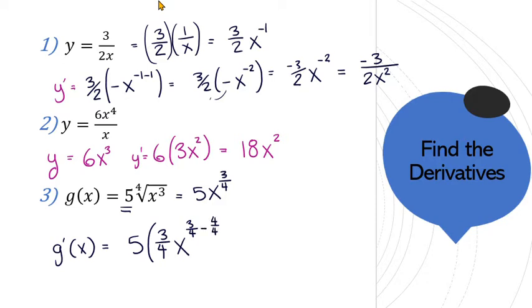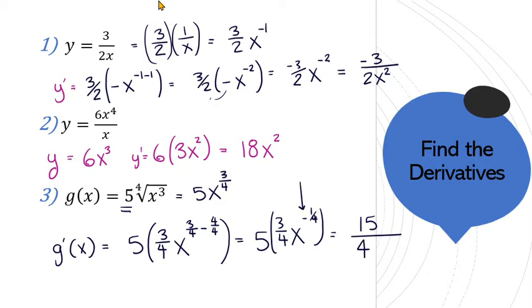And if we're talking quarters, 1 is 4 over 4. So we have 5 times 3/4 x to the power of negative 1/4. So let's do this with radicals or positive exponents. So 5 times 3 is 15, goes on the top. 4 goes on the bottom. The exponent on the x is negative, so we're looking to the bottom. It's fractional, so we're going to have a fourth root of x to the power of 1.